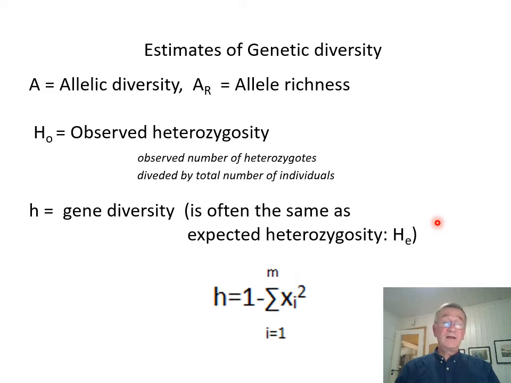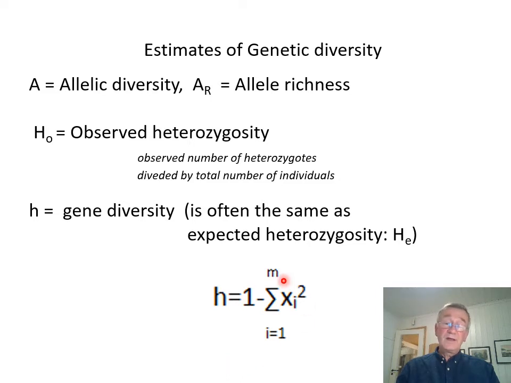Well, we touched on that a little bit in a previous slide when we talked about 2 times P times Q, because that was the expected heterozygous frequency when there are only 2 alleles of a marker or a gene. This equation shows how we can calculate the expected heterozygosity even if there are several alleles.